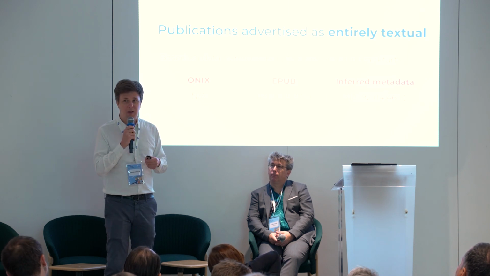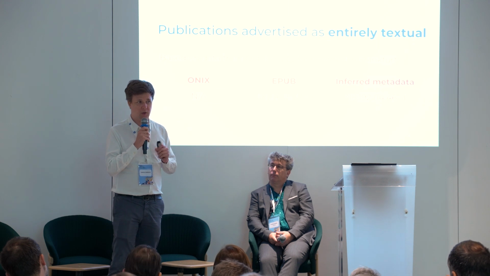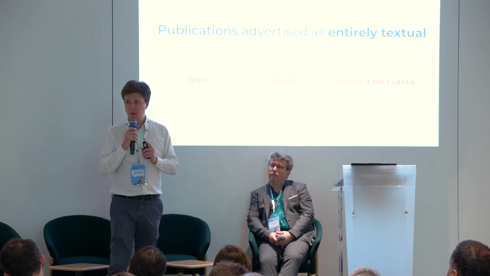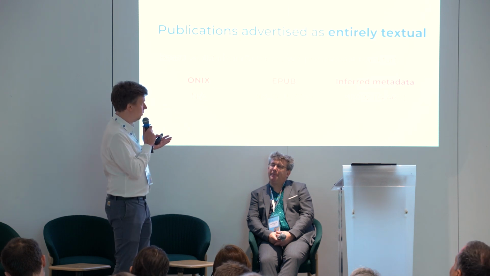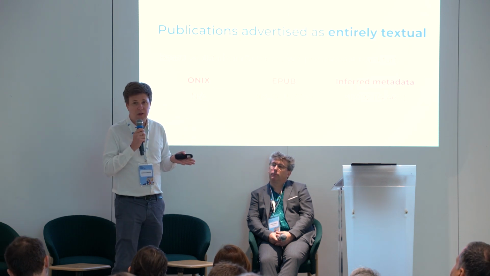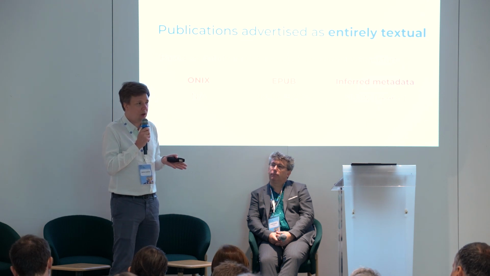But by inspecting EPUBs, checking for EPUBs with no images whatsoever, or where the only image was a cover, we discovered that triple that amount are actually entirely textual, because they don't have any images, or the only image is a cover.